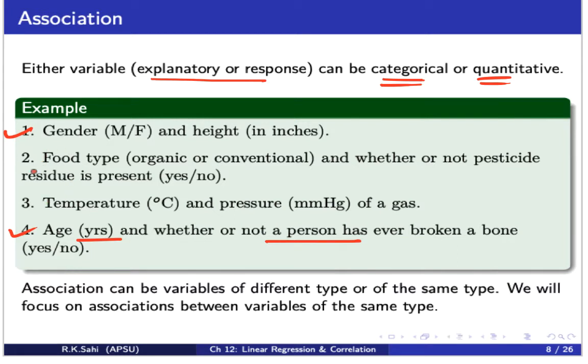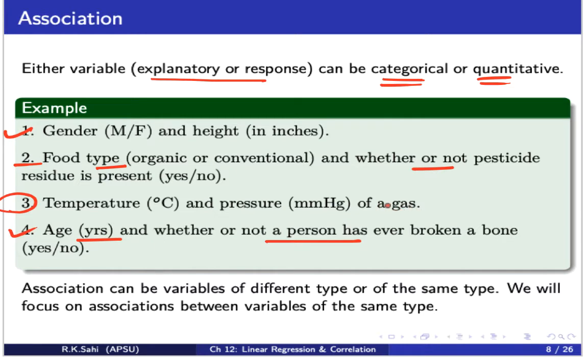Let's look at number 2. It's the food type and whether it has the presence of pesticide residue. So clearly both the variables are categorical in nature. Looking at number 3, the temperature and the pressure of a gas, both are quantitative variables.